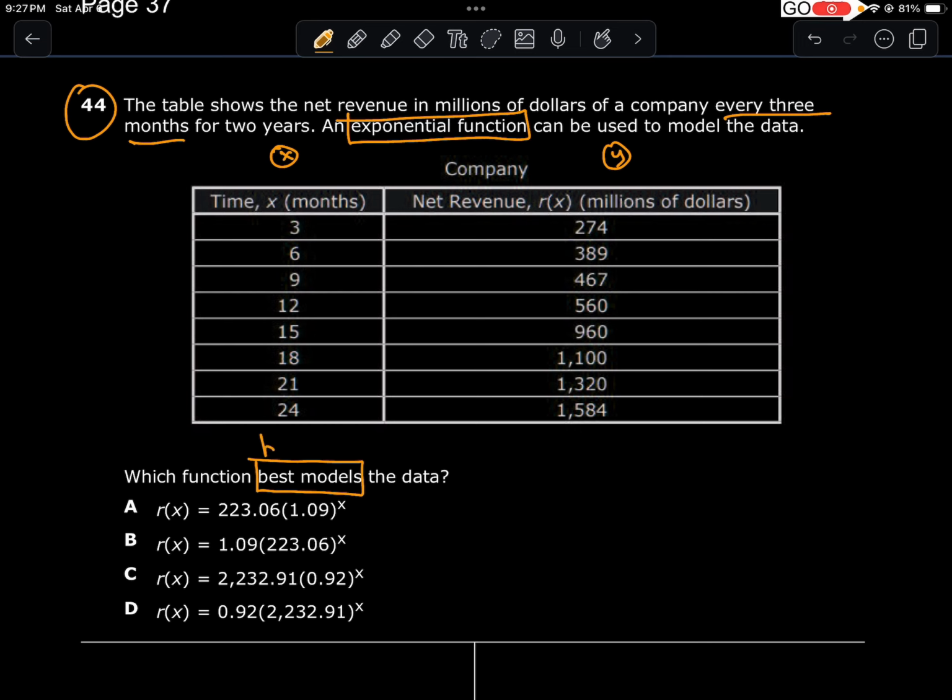That is a best fitted curve, a best fitted exponential curve, meaning it may not go through all the points exactly, but it's going to go close to those points.